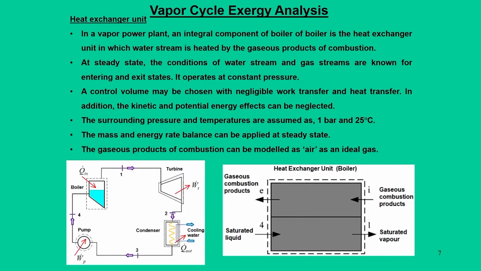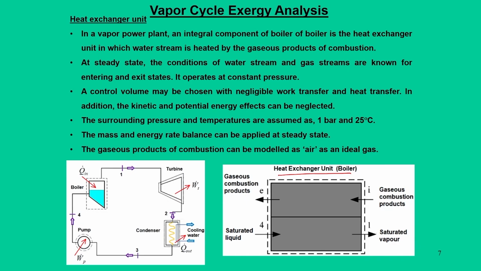Then let us start with the first unit. In our exergy analysis, a heat exchanger unit, from the perspective of vapor power systems, is considered as a boiler. In our analysis we simply said that heat is being fed to the boiler, but how is this heat fed? To have some insight into this, we model it as a heat exchanger unit. In fact, heat comes from a fuel, by burning coal or some other fuel, or petrol or diesel in IC engines.